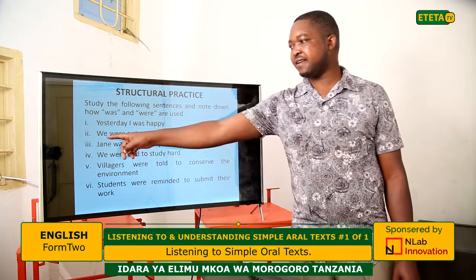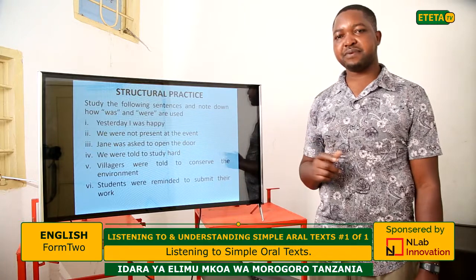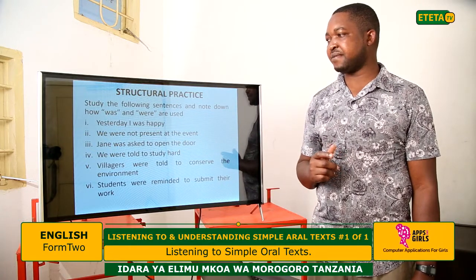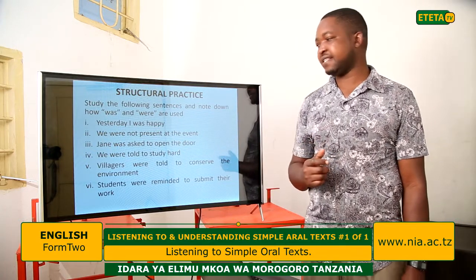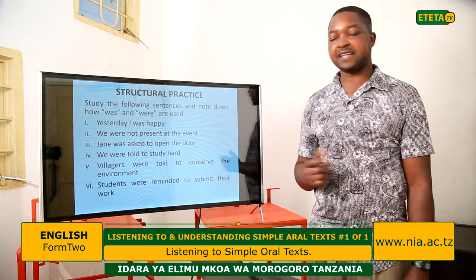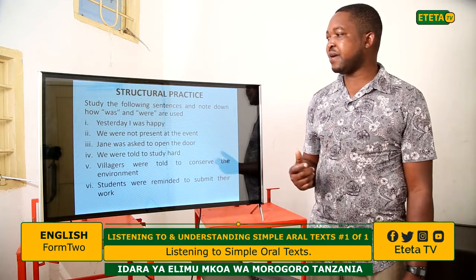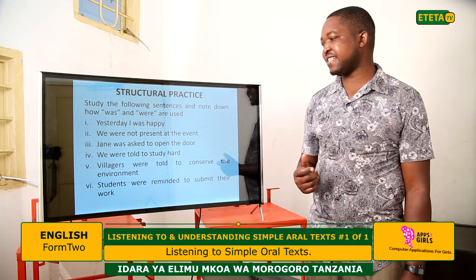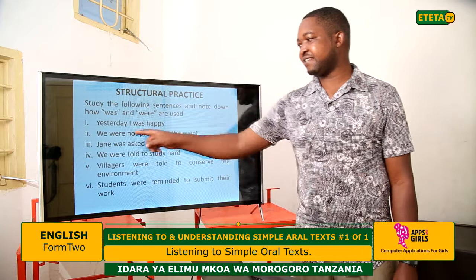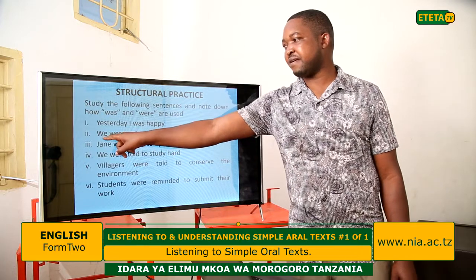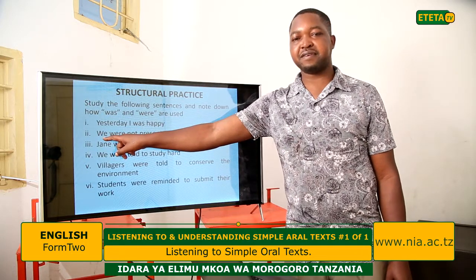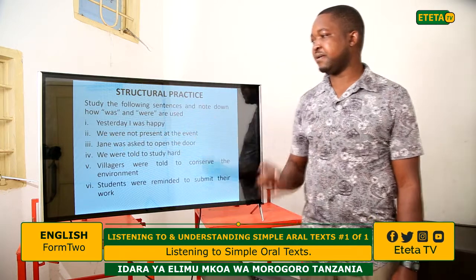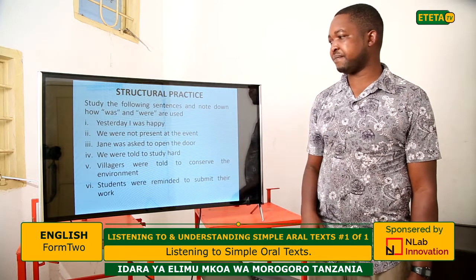But here, the pronoun we refers to plural. And therefore, we cannot say we was not present at the event, because the pronoun used indicates plural, and therefore we were will be used for plural.